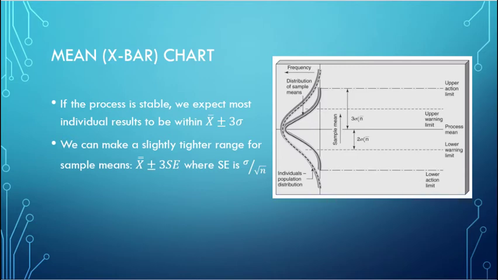So we're going to make the warning limits be 2 standard errors away, and the action limits be 3 standard errors away. And you'll notice that this picture is not drawn to scale because the distance between the process mean and the lower warning limit should be twice as big as the distance between the lower warning limit and the lower action limit.